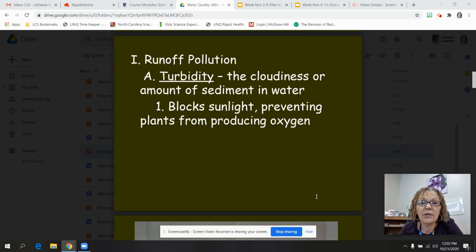Okay, so one thing about turbidity: the higher the turbidity, the more cloudy it is. We don't want it cloudy, so a high turbidity is bad, a low turbidity is good. There are certain times when a lake or a river is going to have a very high turbidity.